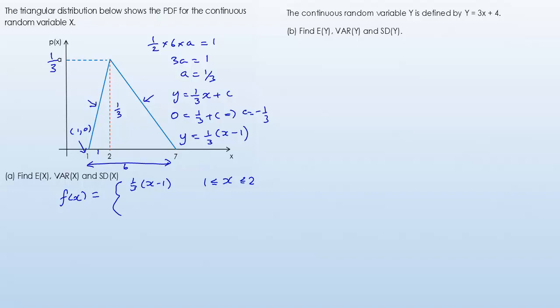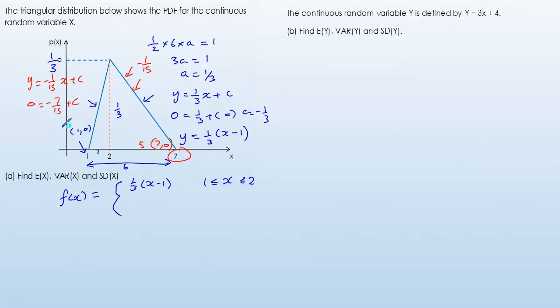Now, let's look at this one here. Clearly 2 across to 7 is 5. Rise divided by run, the gradient of this one is negative 1/15. So if we use y is negative 1/15 x plus a constant, and we know that goes through the point (7, 0). So 0 equals negative 7/15, put in x equals 7, plus c.